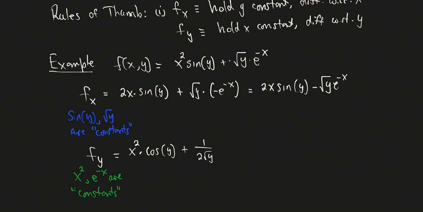That's the derivative of the square root of y, and then the e to the negative x is brought down, again, because we're treating it as a constant. So e to the negative x. So when we put this all together, here is the partial derivative of this function with respect to y. It's x squared cosine of y, and then I'll write this as a single fraction, e to the negative x over 2 root y.